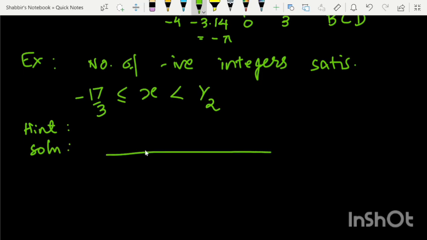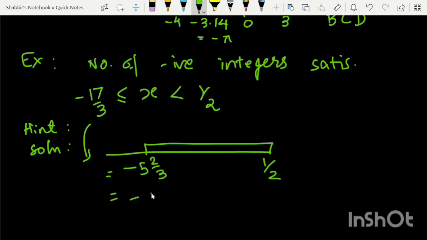So marking it on the number line. Plus half is here. Minus 17 by 3 is minus 5 and 2 by 3 in mixed fraction, or it can be written as minus 5.67. 2 by 3 is 0.67. So obviously the first integer on the right side of minus 5.67 is minus 5, just slightly greater than this.